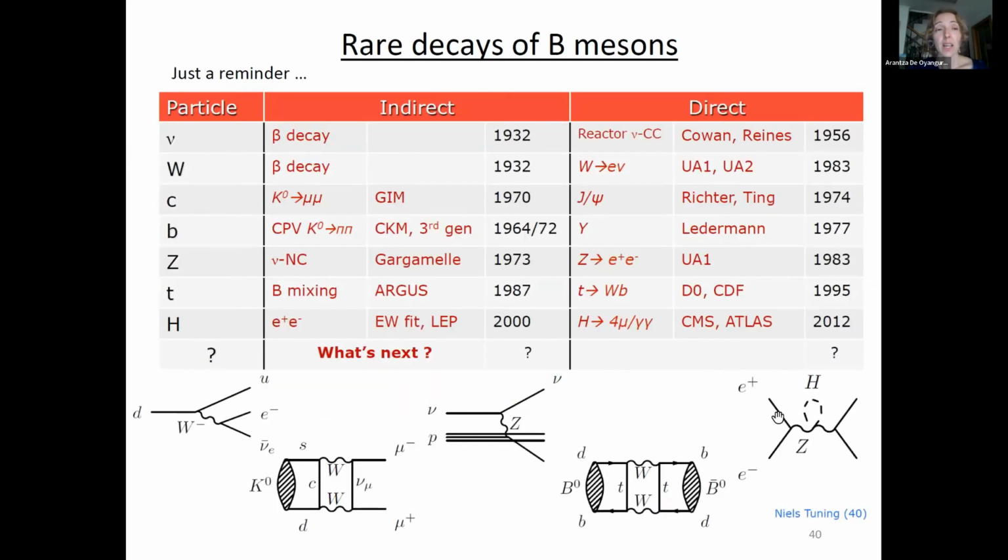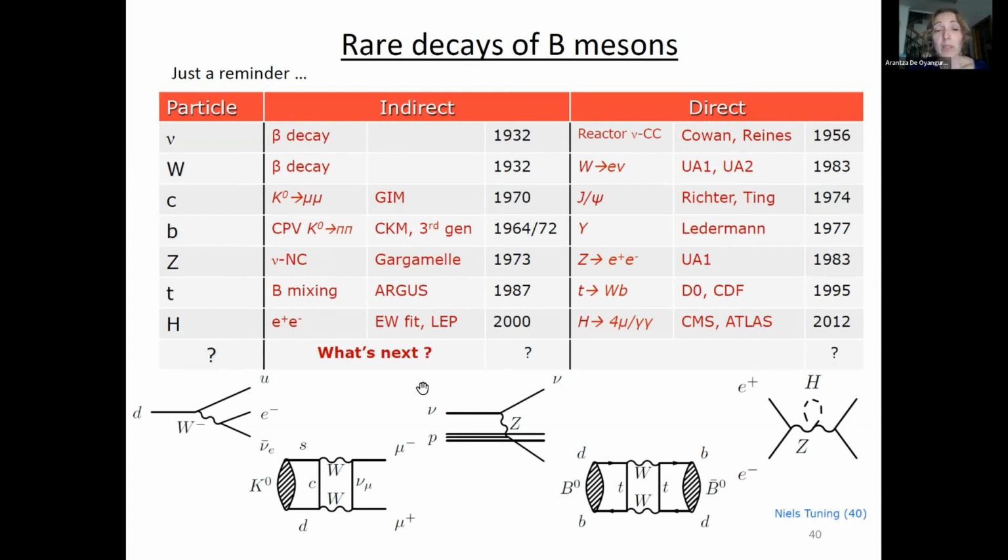Just a reminder that we have had signs in an indirect way of everything that has been predicted, and all the particles that have been discovered directly were seen about 10 years in advance of their discovery.